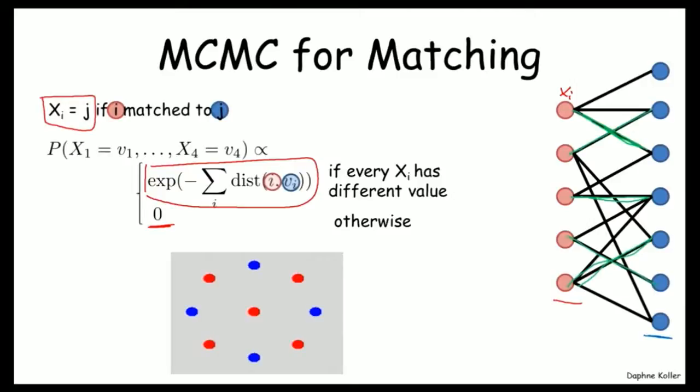So now we have a matching: for each red dot, we assign the blue dot as a value, and now the overall quality is the total sum of the quality of the matching, and that can be exponentiated to define a probability distribution. We're going to represent these qualities visually in this example as distances, so that we're going to assume, for example, that this red dot prefers to be matched to this blue dot more than it prefers to be matched to this further away blue dot.